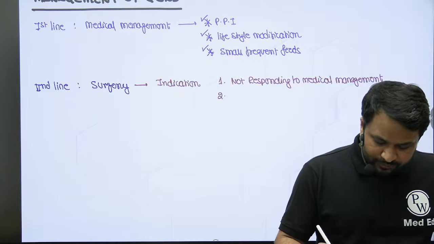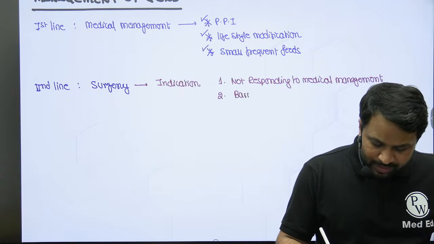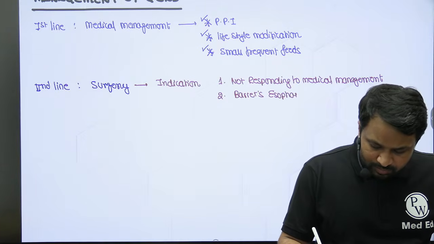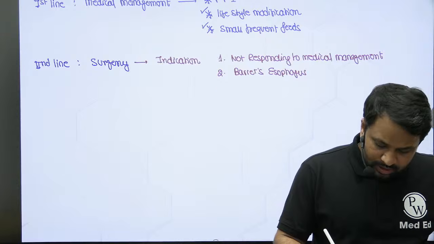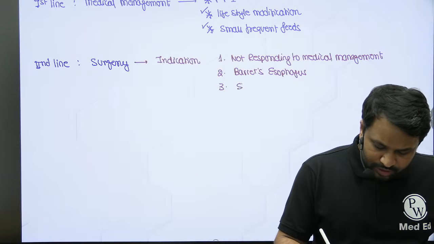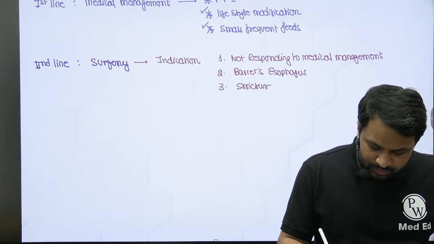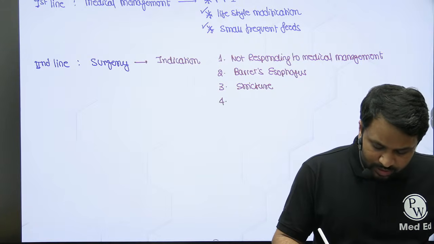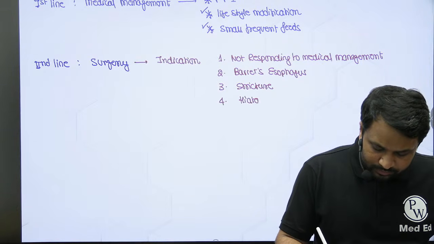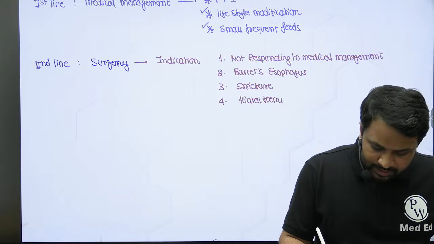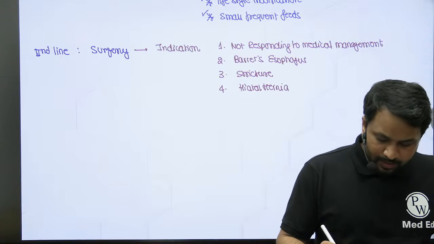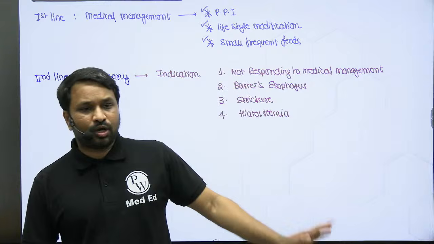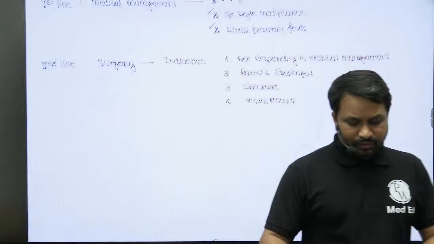Number two, if there is development of Barrett's esophagus, esophageal stricture, or hiatal hernia, that is a sliding hiatal hernia, right? So not responding to medical management, Barrett's esophagus, presence of stricture, or any evidence of hiatus hernia, this is where you have to go with surgery.